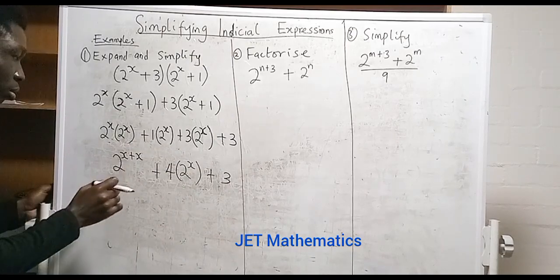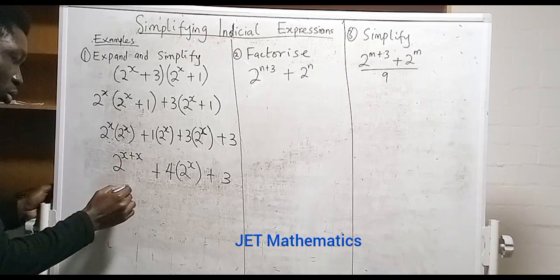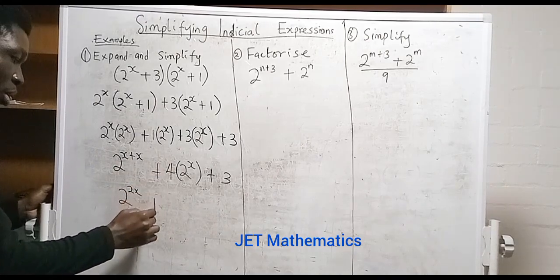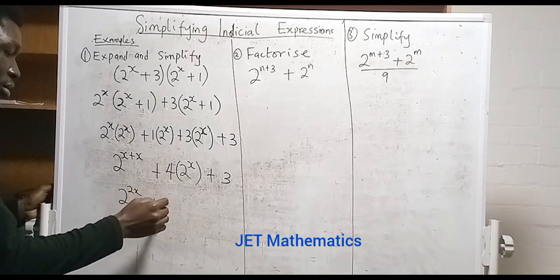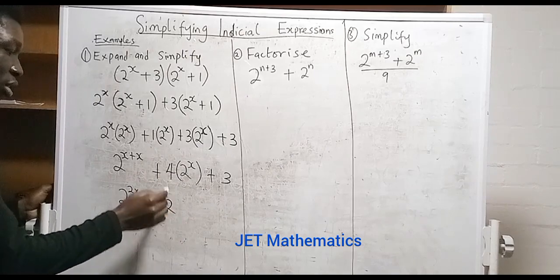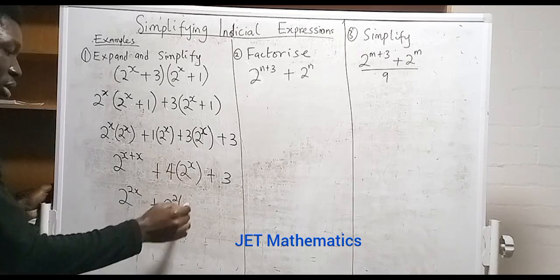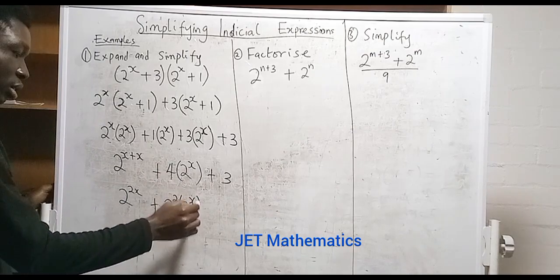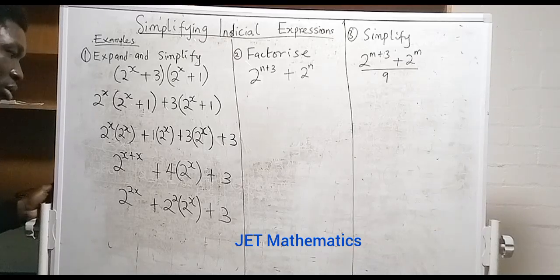Then here we can say this is 2, x plus x is 2x, and here we have plus 4, which is the same thing as 2 raised to the power 2, and this is 2 again raised to the power x, plus 3. Are we good?